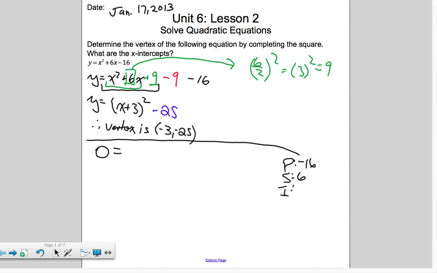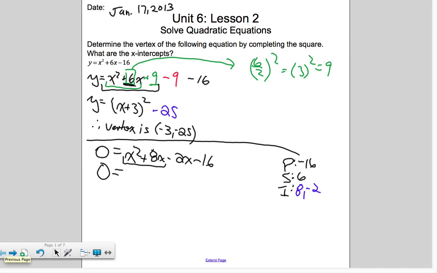Thank you. So the magic numbers are 8 and negative 2. So I'm going to decompose this: x squared plus 8x minus 2x minus 16. We're breaking up the 6x for that, the 8 and negative 2.